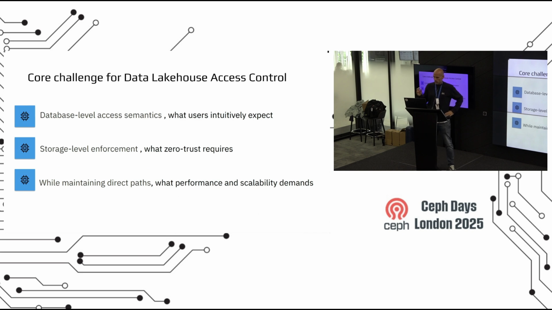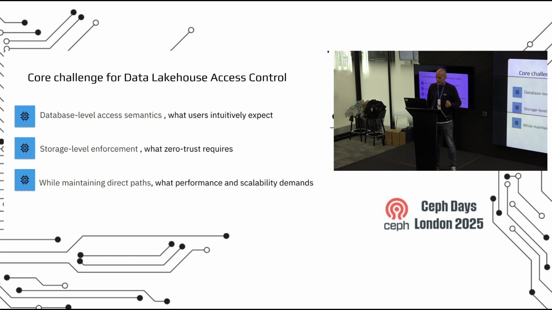The first one is that what the consumers of the data expect is database-level access semantics. They know about inserts, they know about selects. They don't need to know anything about bucket policies or ACLs in a bucket. That's completely transparent. They just want to do a select on a specific table and for things to work.